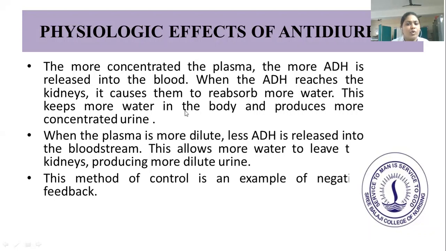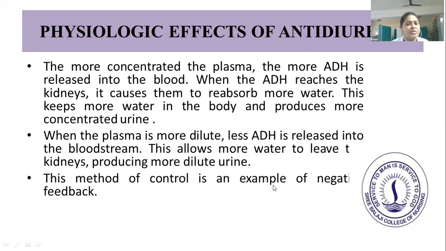This keeps more water in the body and produces more concentrated urine. Whereas if the plasma becomes more diluted, the antidiuretic hormone release decreases, and this allows more water to leave the kidney, producing more diluted urine.